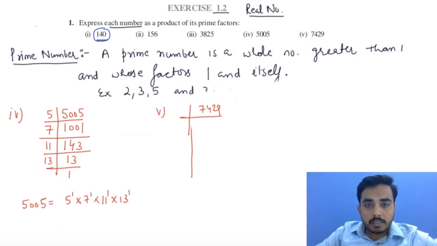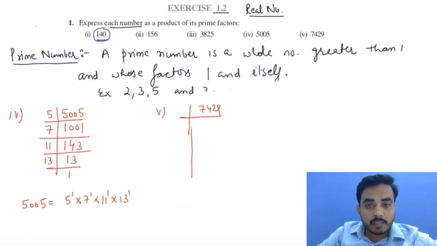So this number 7429, let's divide this number by 2. It will not be divisible by 2 because it is an odd number. For 3, what we need to check is whether the sum of the digits of the number is divisible by 3. So as we can see, 7 plus 4 is 11, plus 2 is 13, 13 plus 9 is 22. So it will also not be divisible by 3.